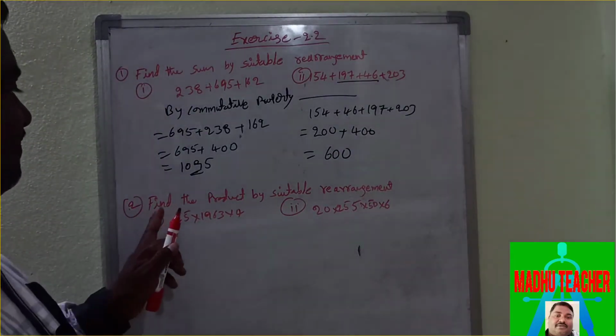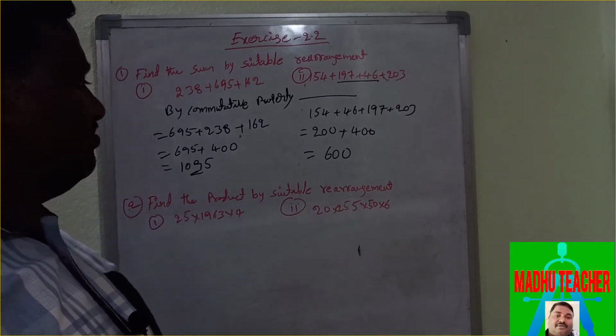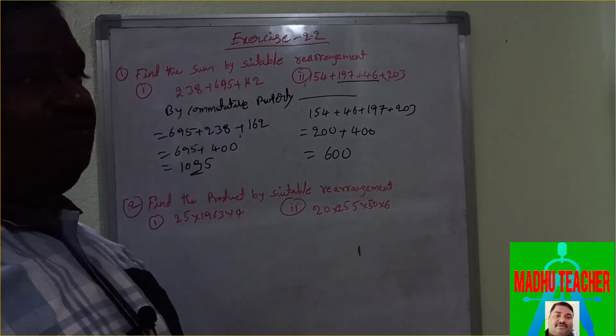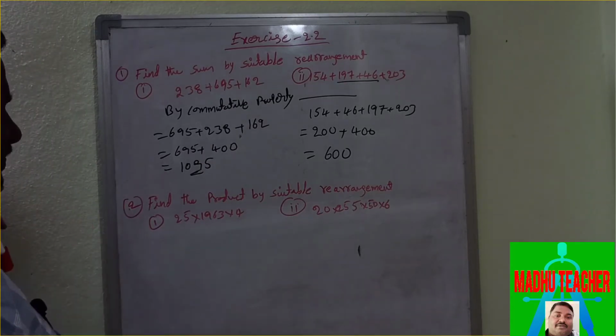Next question. Find the product by suitable rearrangement. So that was under addition. Here we have it under multiplication.